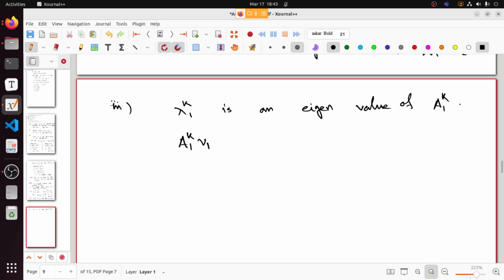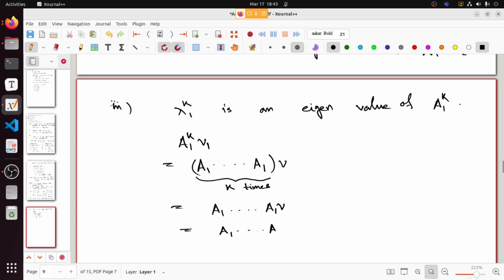Let's apply it to b1. A1 b1 is lambda 1 b1.